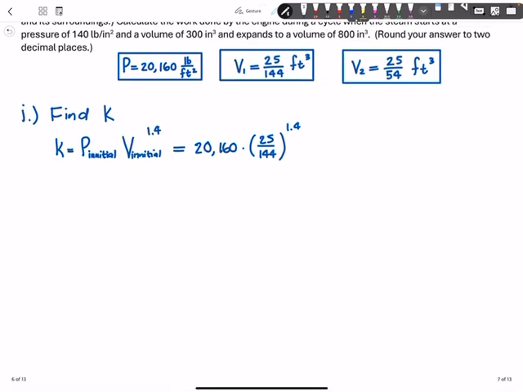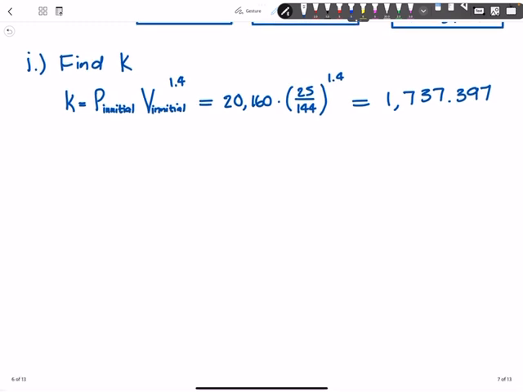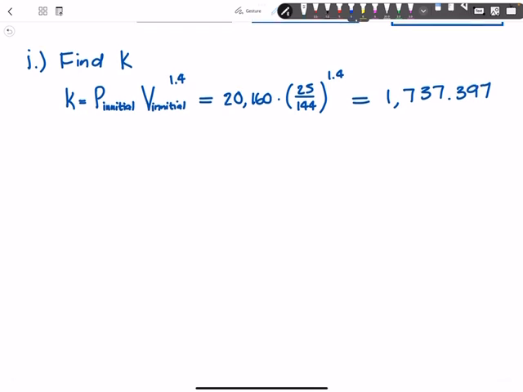When I evaluate here, I get 1,737.397. I do get a longer decimal, which I will round, but I'm going to keep that original value stored in my calculator for further calculations. All right, so step 1 done.